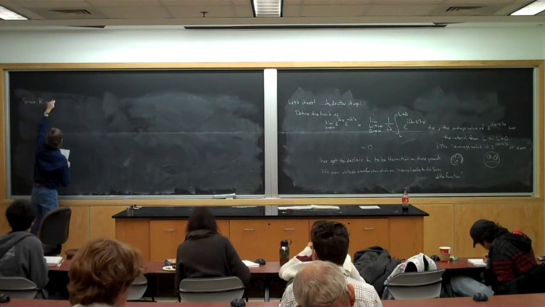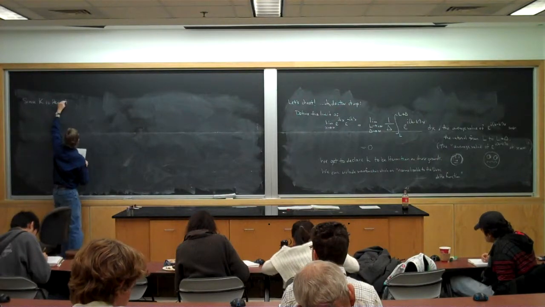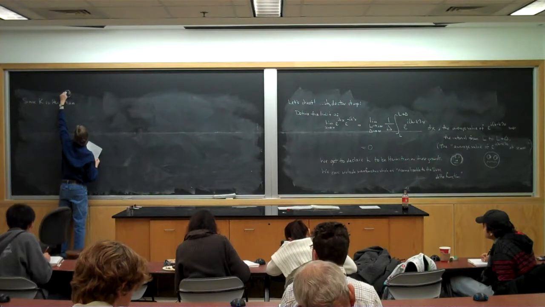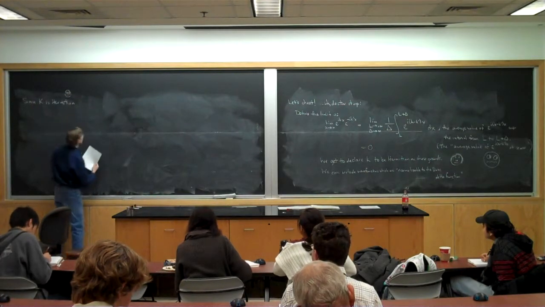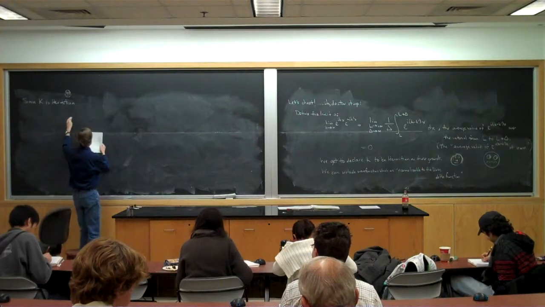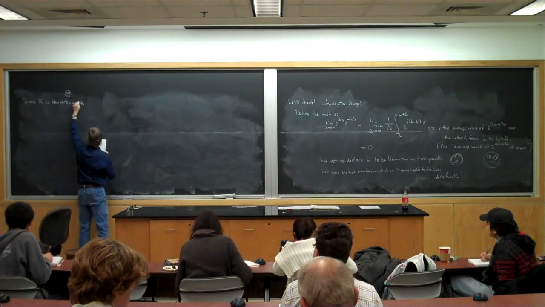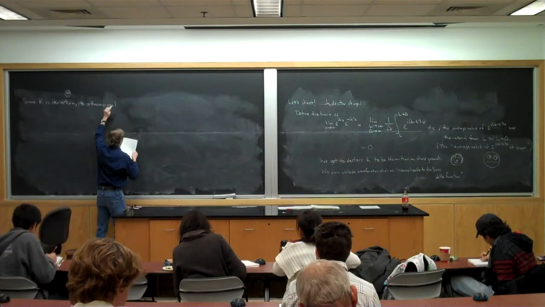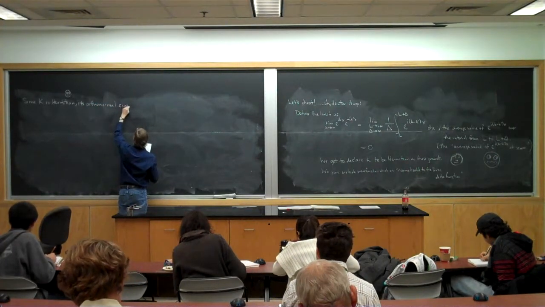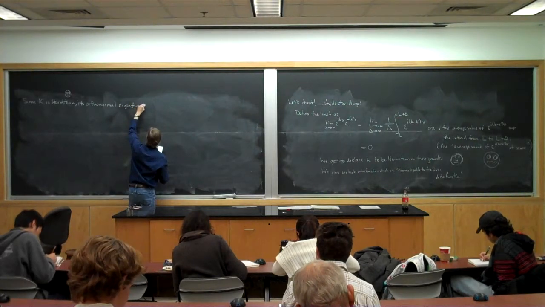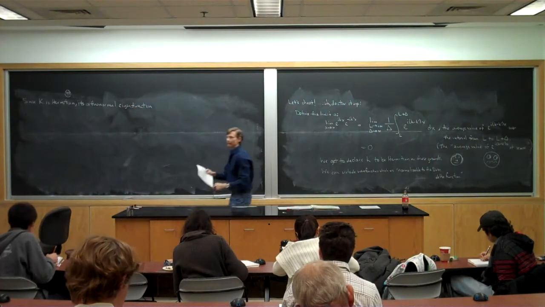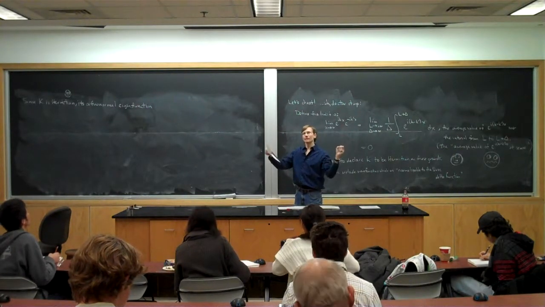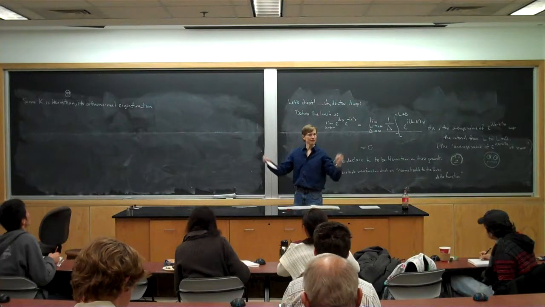Since K is Hermitian, its orthonormal eigenfunctions are orthonormal in the sense that their integrals against one another are 0 if the k's are different, infinity if they're the same, such that the inner product is a Dirac delta function.